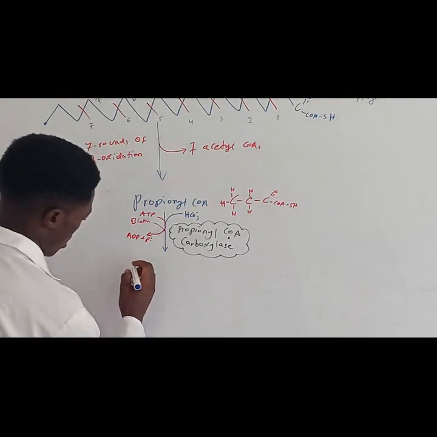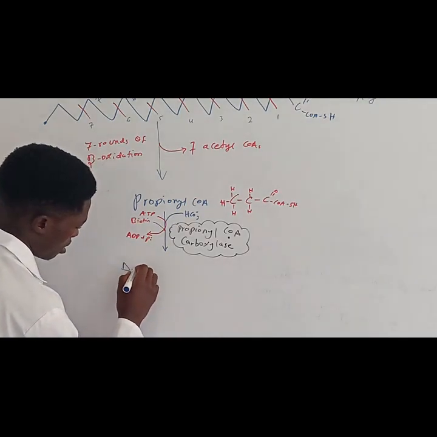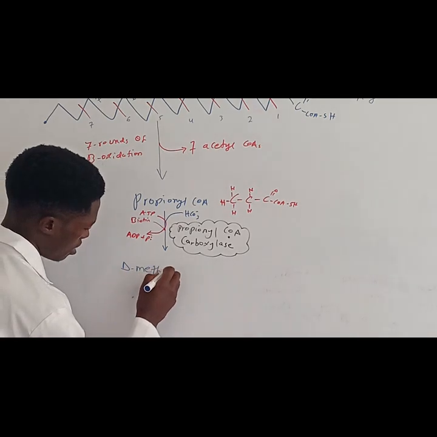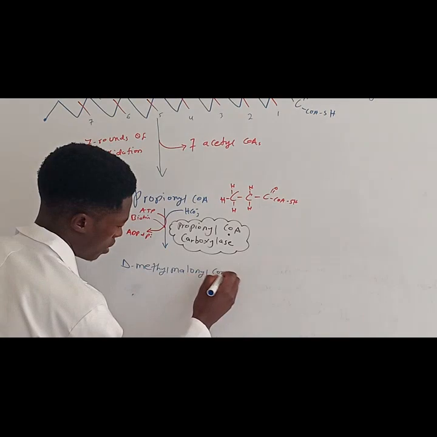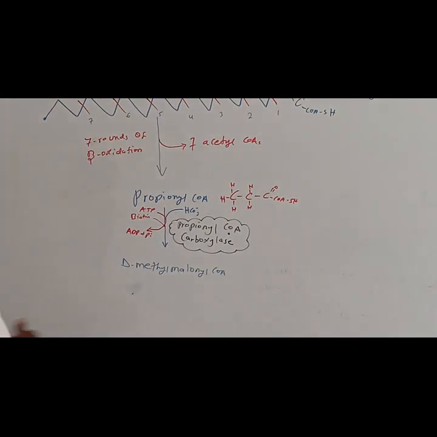Alright, so now we have a 4-carbon molecule. Now what is the name of this 4-carbon molecule? This 4-carbon molecule is going to be called D-methylmalonyl CoA. This is just orientation.